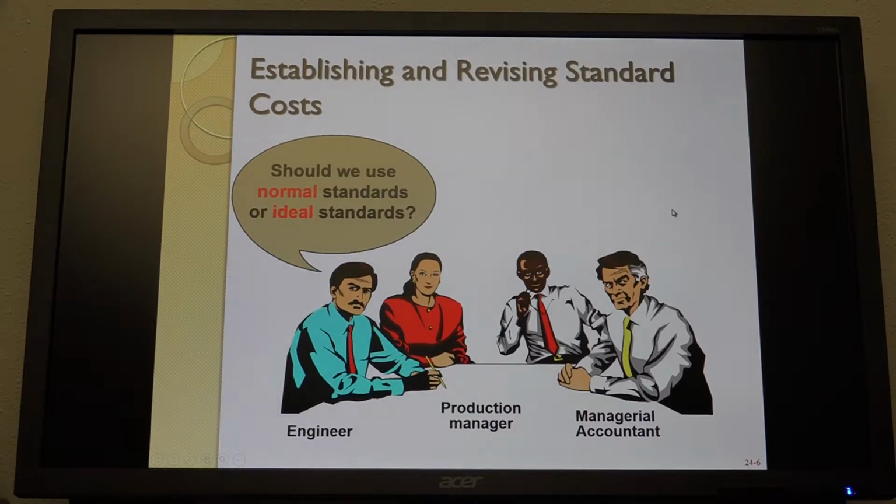Now, this determination of standard costs is, as with so many other things, a participatory event. And so you have different parties from different areas of the company participating in determining standard costs.